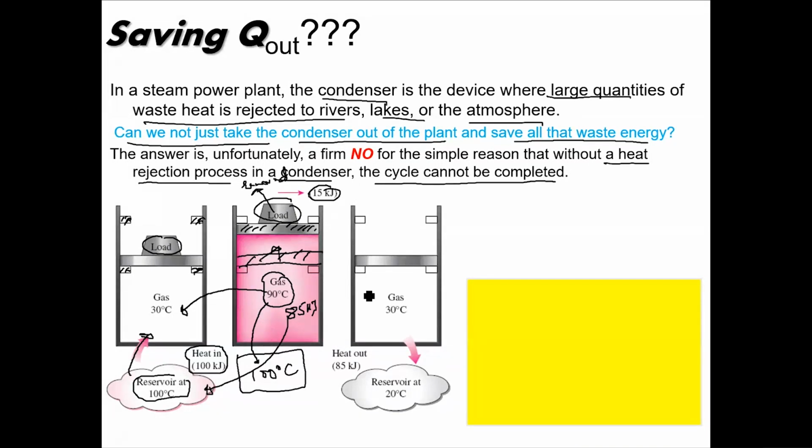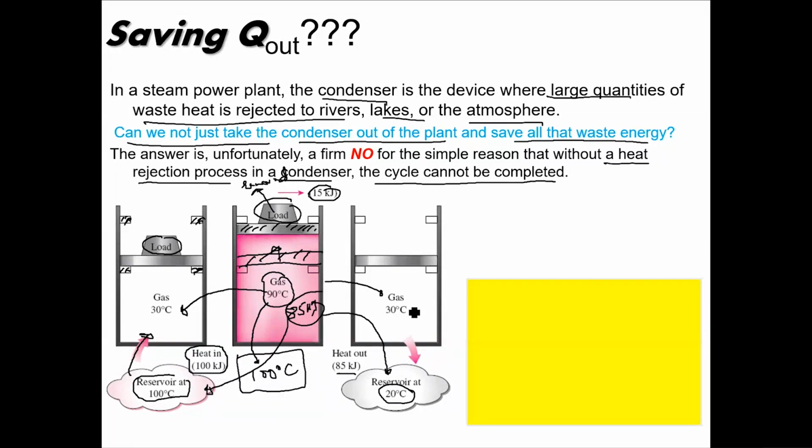So essentially, I cannot come back to my initial condition unless I reject this 85 kilojoules of energy to a reservoir which is at a lower temperature as compared to the source reservoir. So heat out has to be 85 kilojoules. This is the extra heat within the system. It has to be rejected in order to bring the system back to its original position.